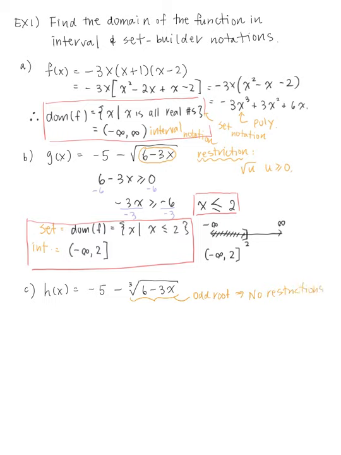So then our answer is going to be, our set notation for the domain of f is set of all x such that x is all real numbers. And then the interval notation of the domain is open parenthesis, negative infinity to positive infinity, open parenthesis.